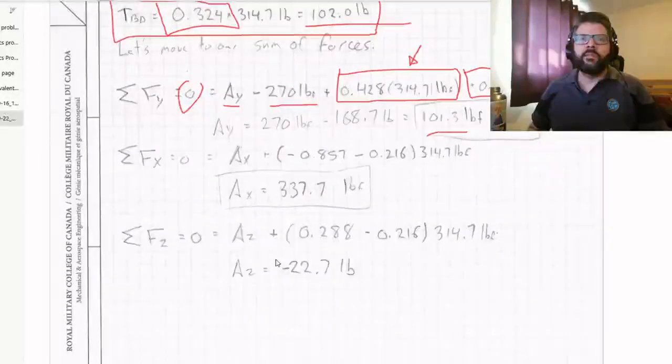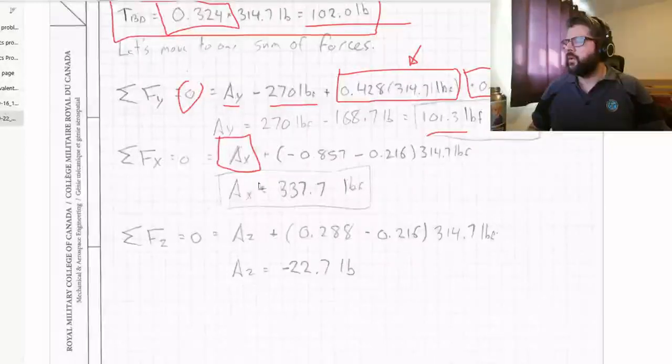The force in the x direction, same deal. Got the AX support reaction there, and then we've got the x components of the two tensions.